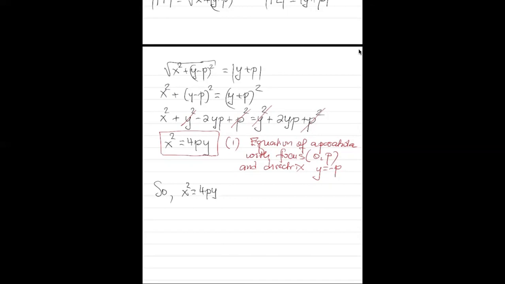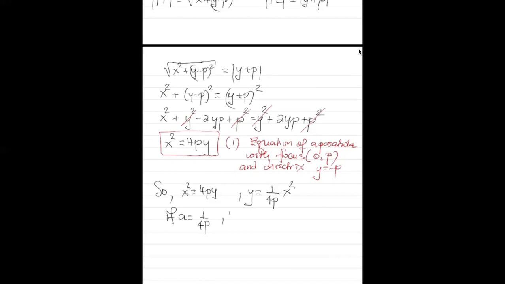If we let a equal 1 over 4p, then it becomes our familiar equation y equals ax squared, which we know from algebra.